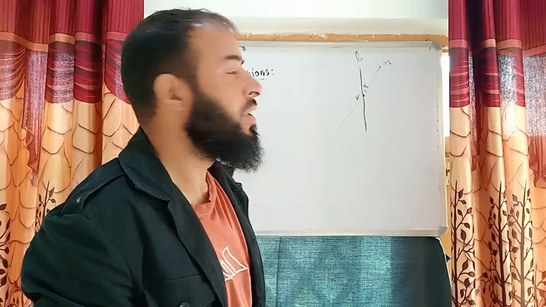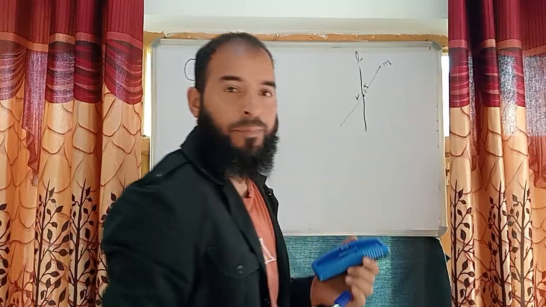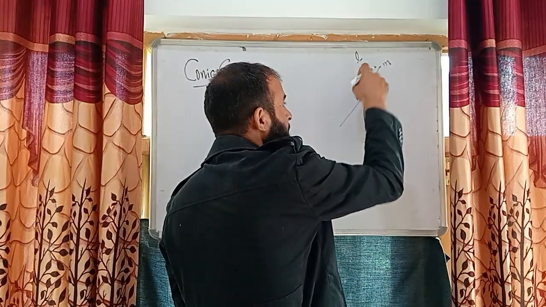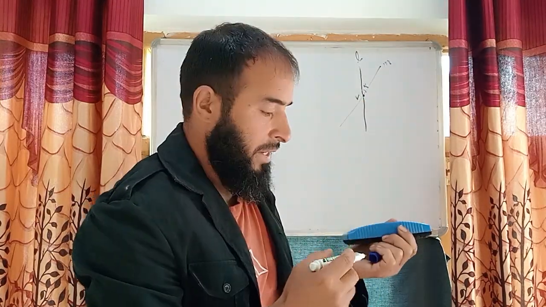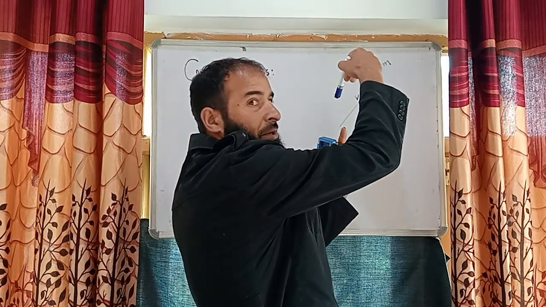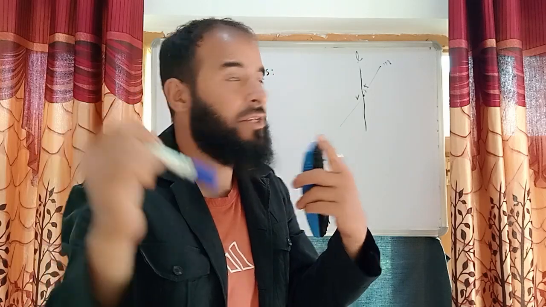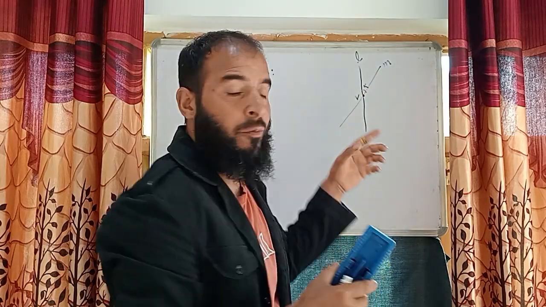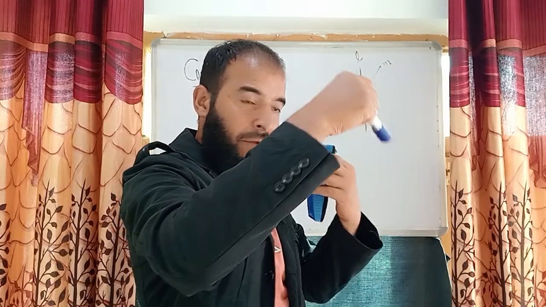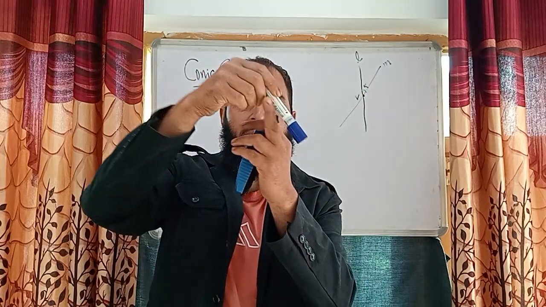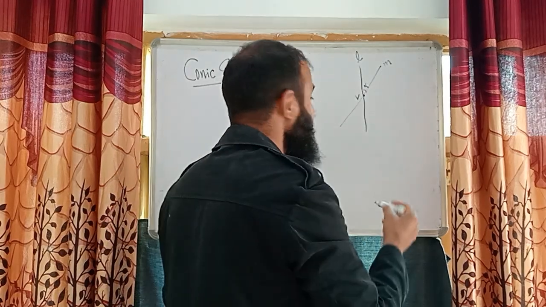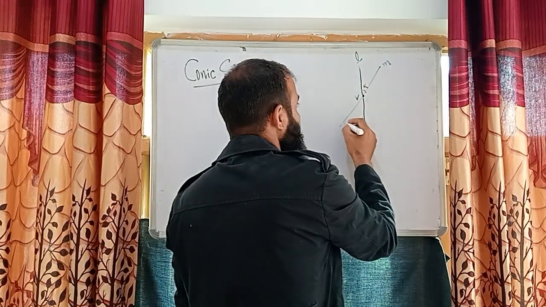Now suppose this M rotates about this point. Try to imagine how this line will rotate about this point. It will rotate just like this. So it will trace a path like this.